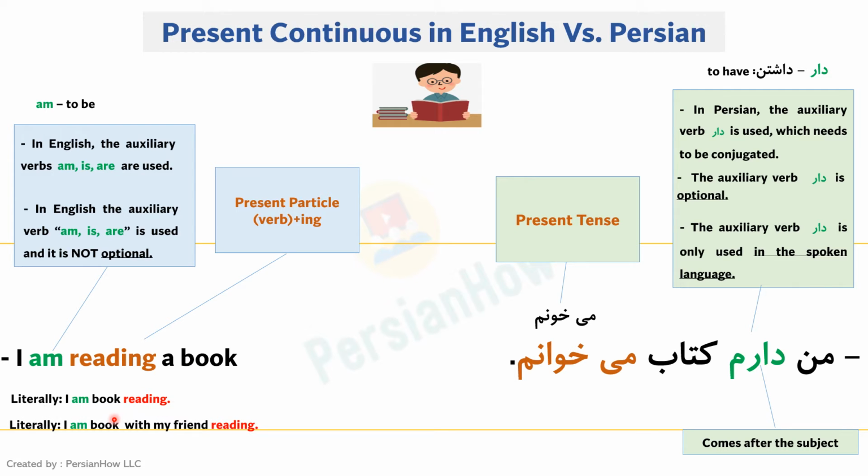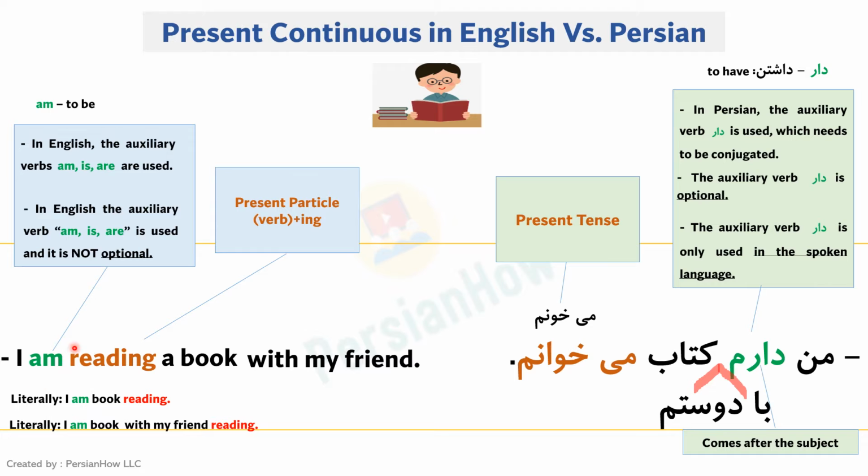But what if now I want to say, I am reading a book with my friend. I want to add this piece of information here, with my friend. Then we need to say, من دارم با دوستم کتاب میخوانم or میخونم, which literally is like saying I am book with my friends reading.